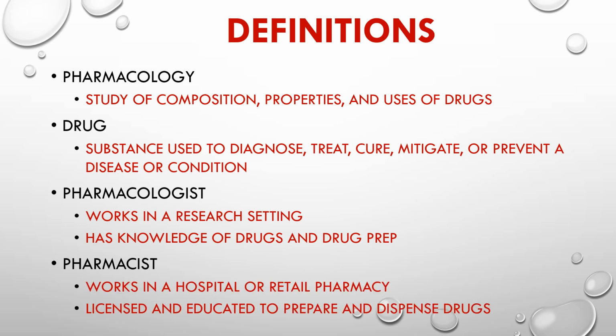Now a pharmacist, that's what we think about, somebody working at Walgreens or CVS or something. So these individuals work at the hospital or in a retail pharmacy. They are licensed and educated to prepare and also to dispense drugs. So there's a pretty different background and program of study, kind of degrees for these two individuals.